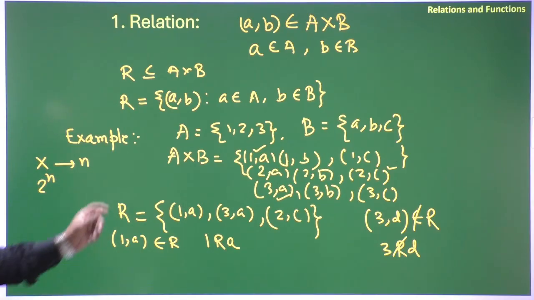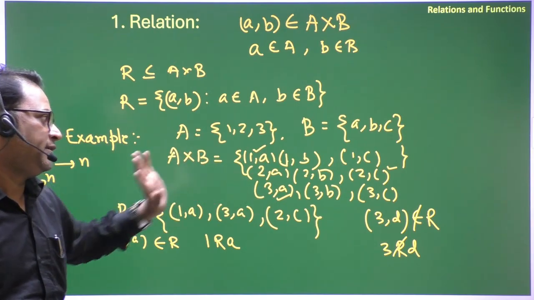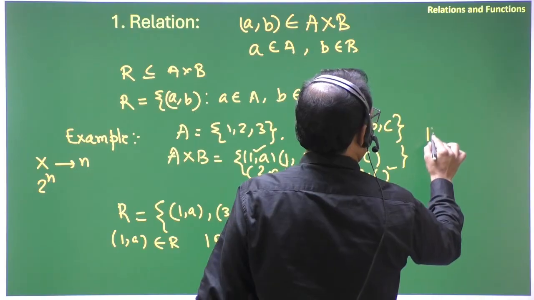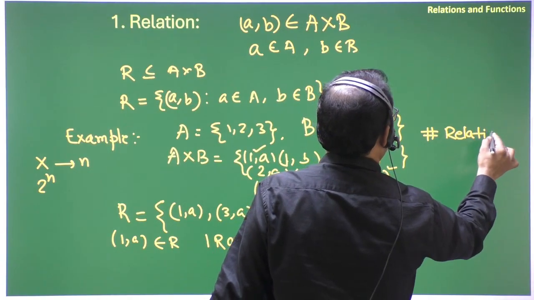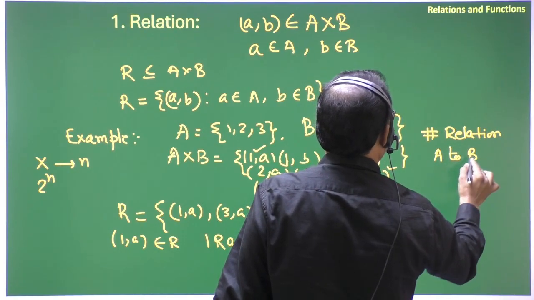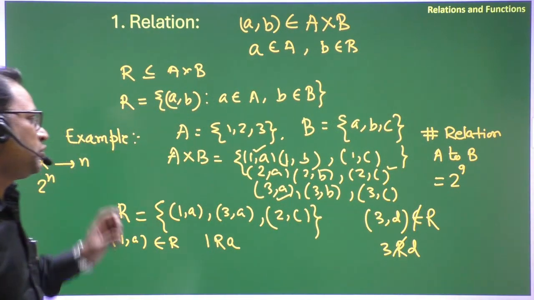In your A cross B there are 9 elements, so the total number of relations from A to B will be 2 to the power 9.